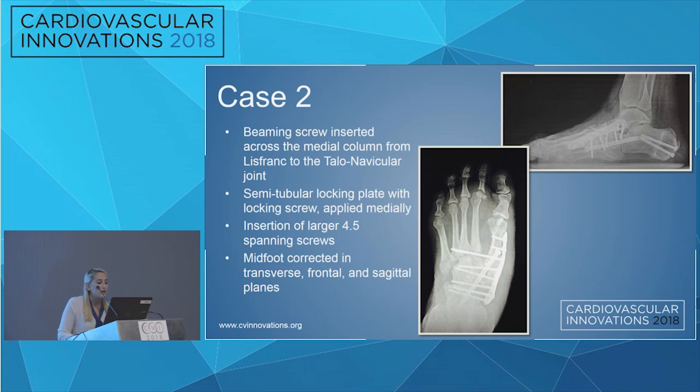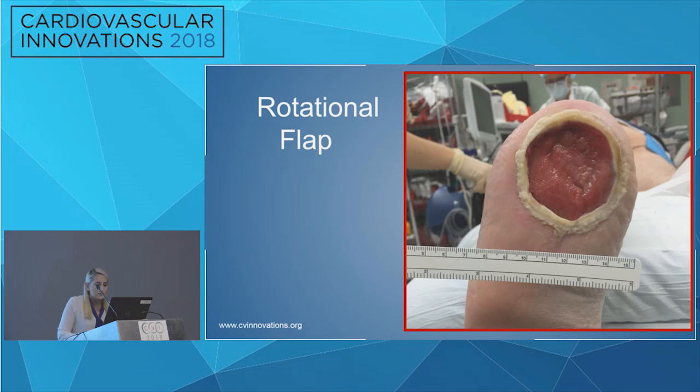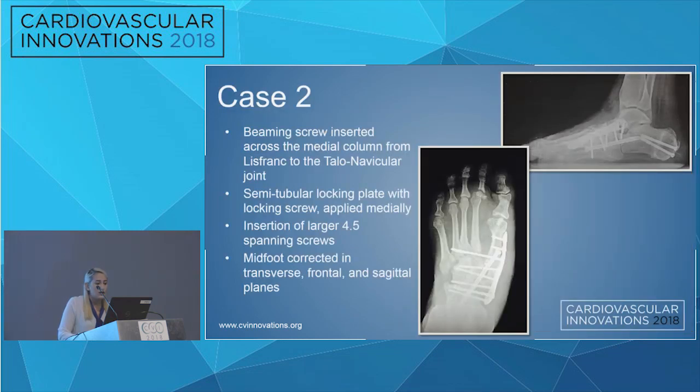A semitubular locking plate with locking screws was applied medially with the insertion of a 4-5 spanning screw. Her midfoot was then corrected in the transverse, frontal, and sagittal planes. So this patient actually did fairly well with no dehiscence of wound and continues to have full weight bearing status with no development of further ulceration.